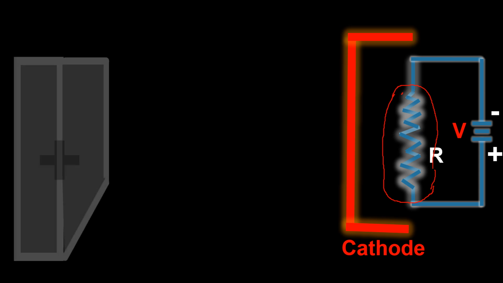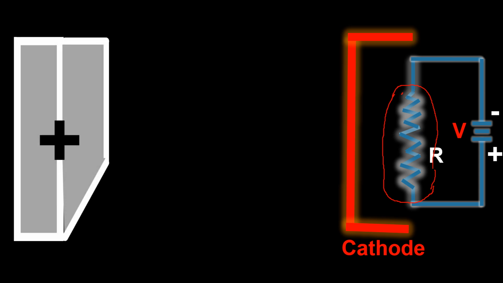Dear student, please note that the X-ray tube consists of a target material, and the target material is usually known as the anode. The target material is connected with the positive terminal of the potential source.